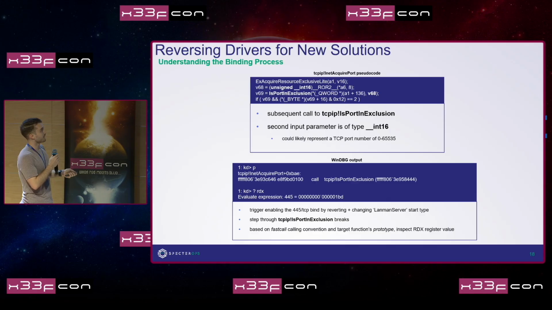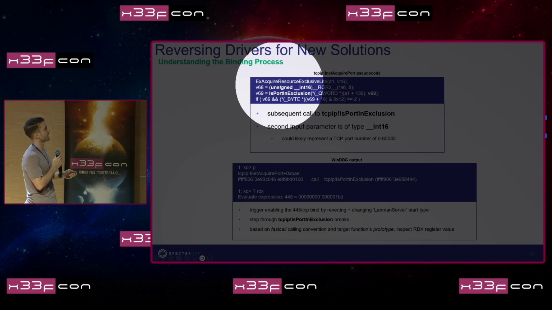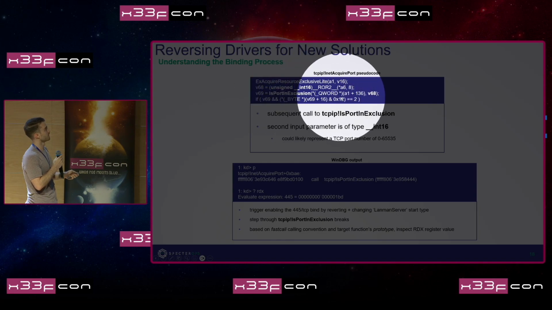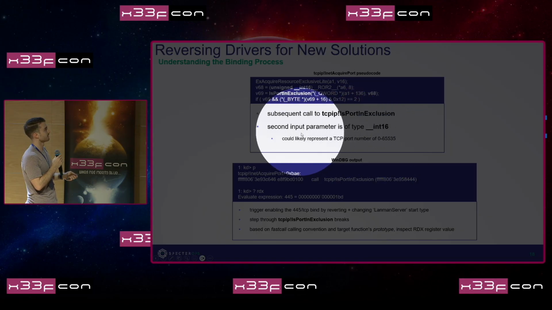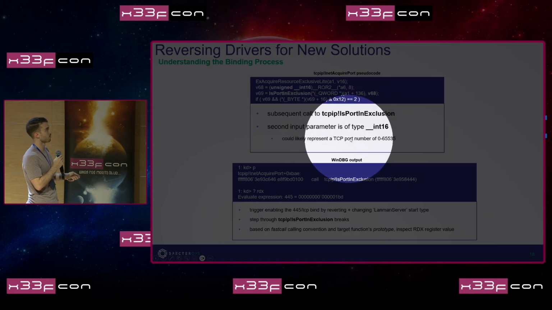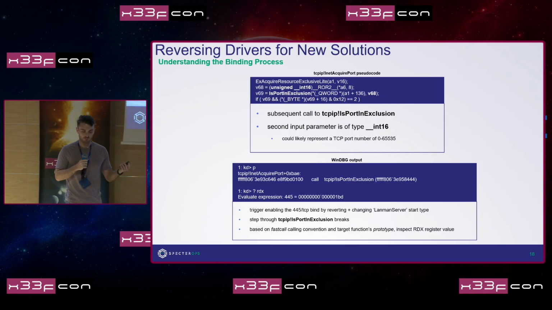Because the InetAcquirePort function makes a subsequent call to IsPortInExclusionList, and one of the parameters for that is a data type, more specifically an int16, that could very likely represent a TCP port number. That was interesting, a good starting place for dynamic analysis. So I stepped through a couple of these breakpoints.